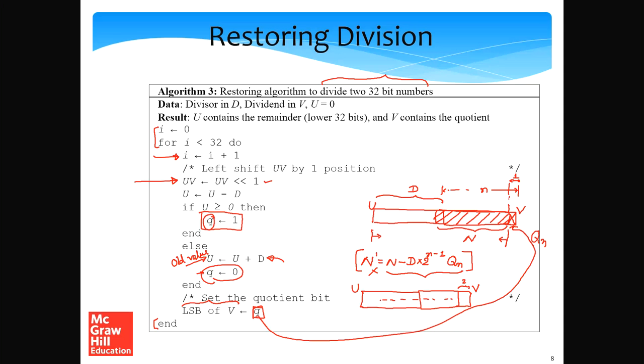And we can consider the rest as a new dividend n dash that was computed in the previous iteration. 1 bit over here will be the nth bit of the quotient Qn, which we have computed, and this bit will be Qn minus 1 that needs to be computed in the current iteration, which is the second iteration. Then we can do exactly the same in the next iteration, and compute Qn minus 1, exactly the same logic. And the same logic will work.